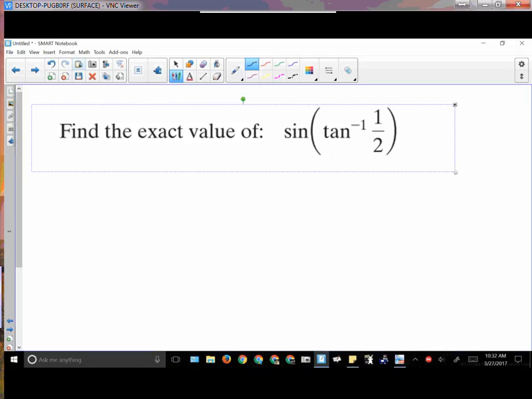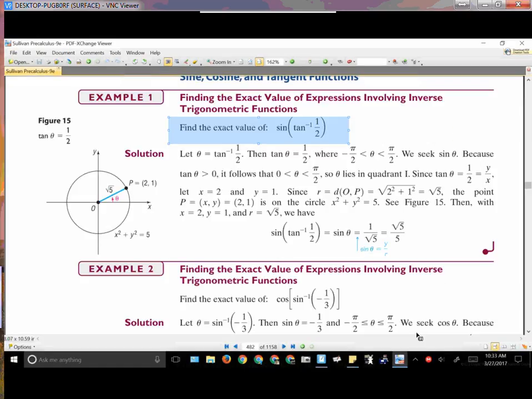If I want to find the exact value, that means there's some theta where tangent is equal to 1/2, and it's from here to here. So what would that end up having to be?